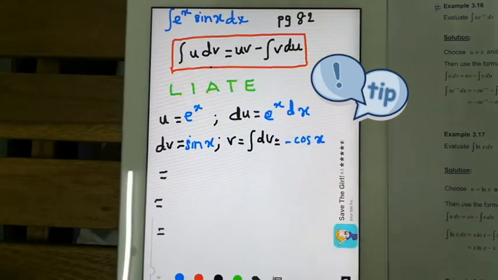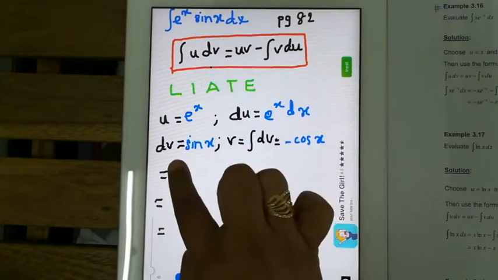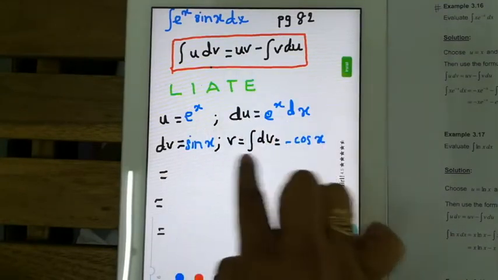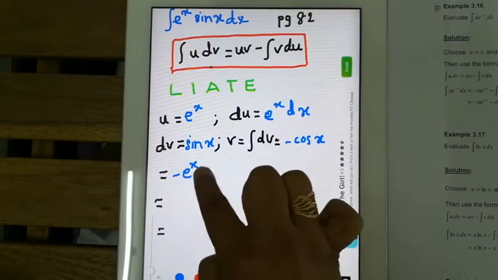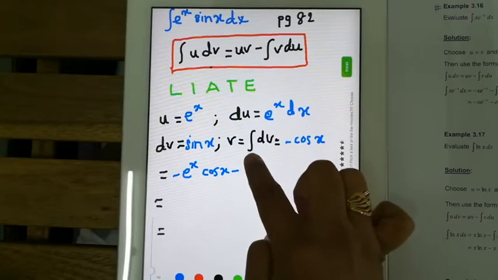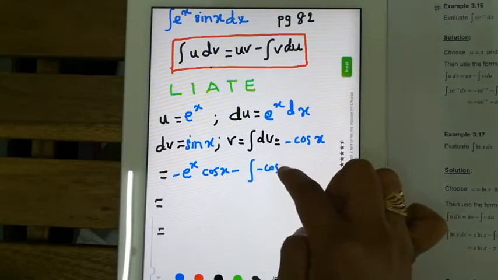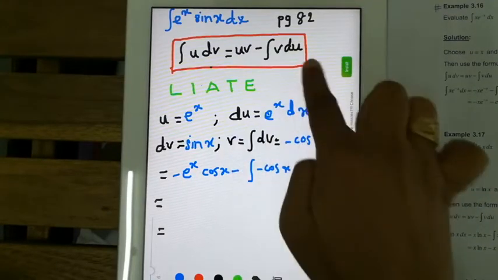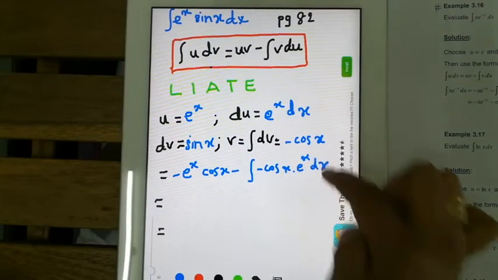Okay, negative cos x. Now we apply it to the formula. Here you will get u times v, which is negative e^x cos x, minus negative cos x for the v, and the du is e^x dx.